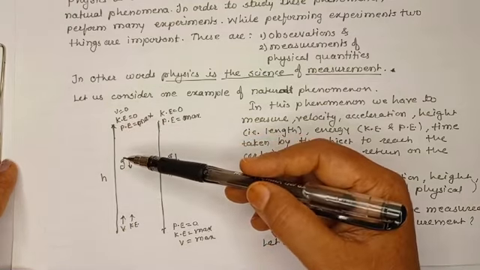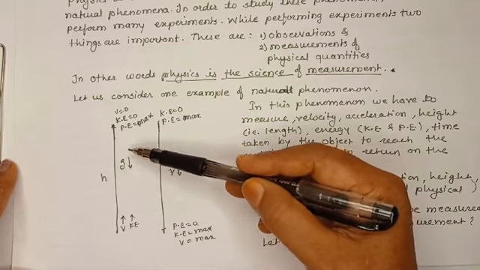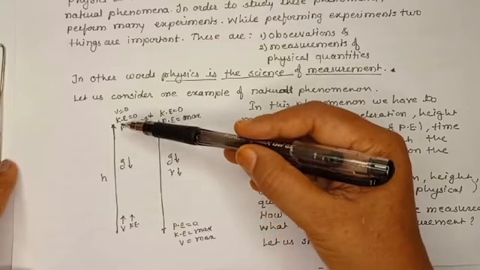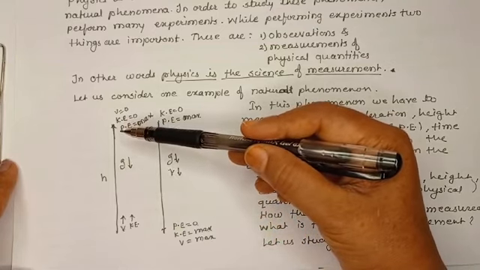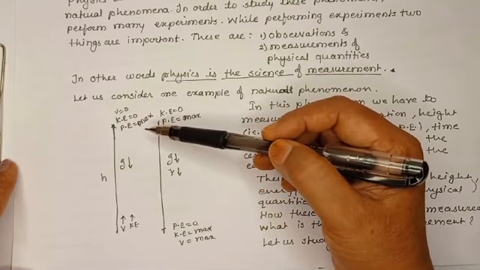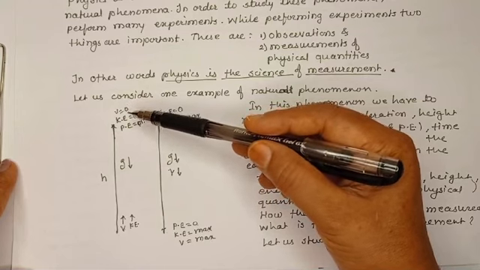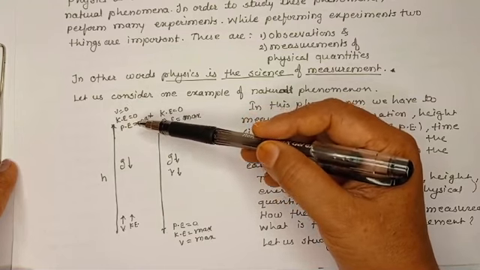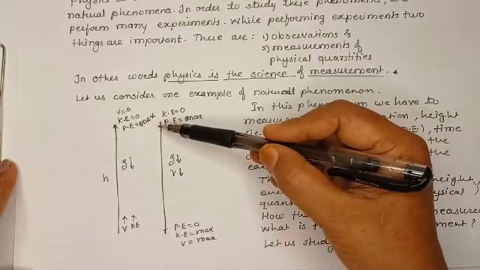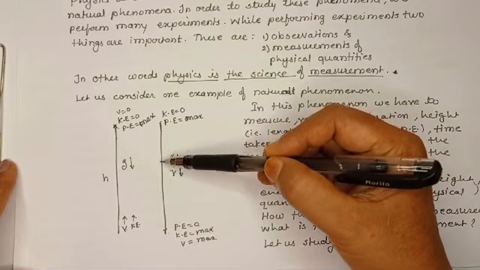During its motion in the upward direction, gravitational acceleration, which is directed in the downward direction, opposes the motion of the object. Therefore, its velocity goes on decreasing. Its kinetic energy also goes on decreasing, but potential energy goes on increasing. When it reaches a certain height, its velocity becomes zero, kinetic energy becomes zero, but potential energy becomes maximum. As its upward velocity becomes zero, this object returns to the earth's surface.